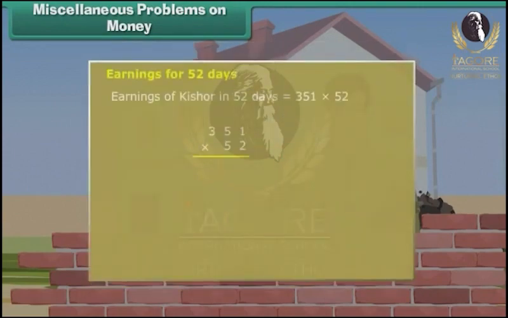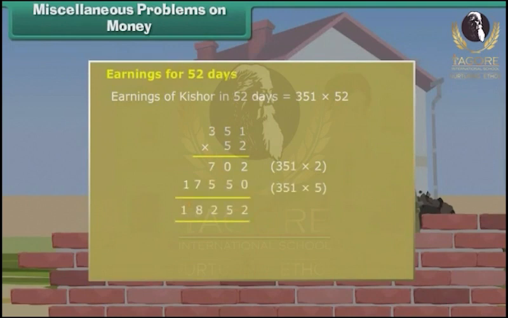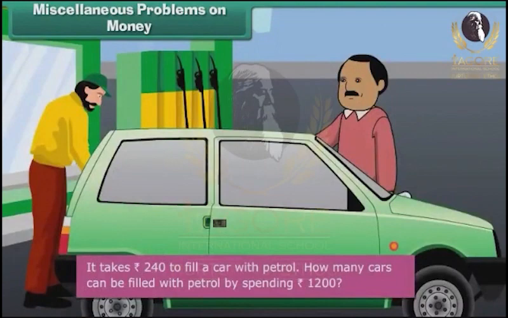Earnings of Kishore in 52 days is 351 into 52, which is equal to 18,252. Therefore, Kishore will earn 18,252 in 52 days.